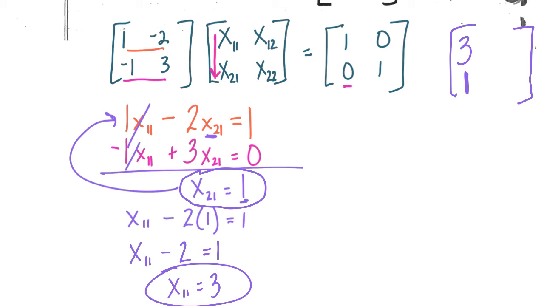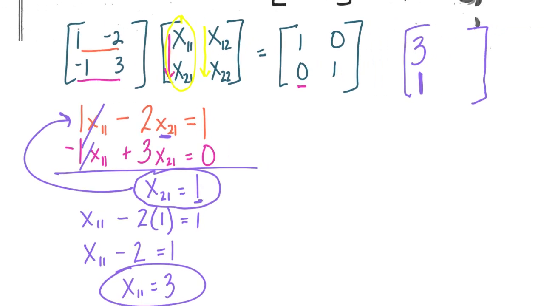So now that I've done the first column, I now have to do the second column. I'm going to do the same thing with the second column, and I'm going to show that in a darker blue. So this column is what I'm doing right down here. So I have x sub 1, 2 minus 2 times x sub 2, 2 is equal to 0.